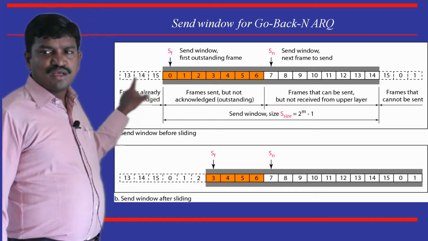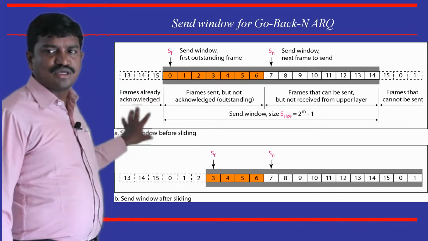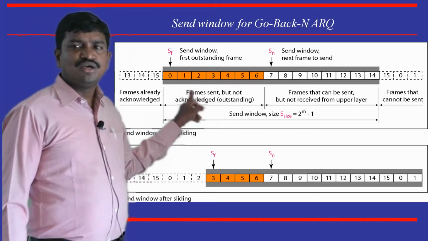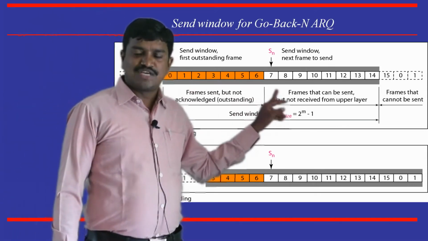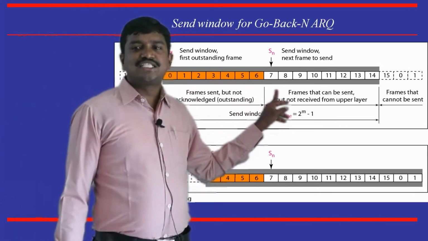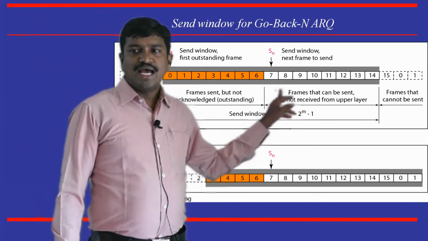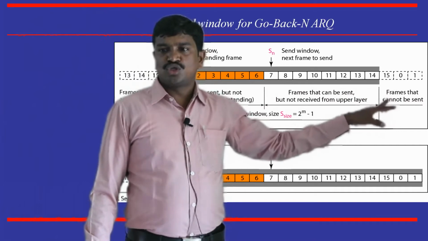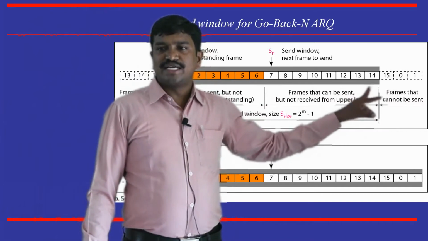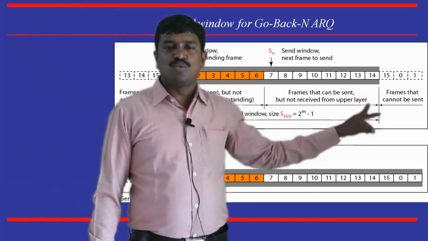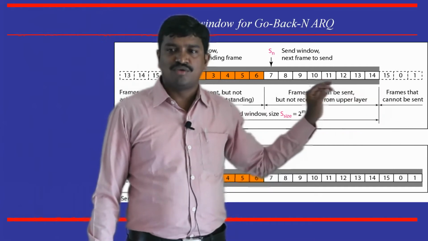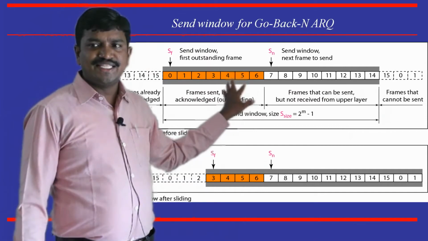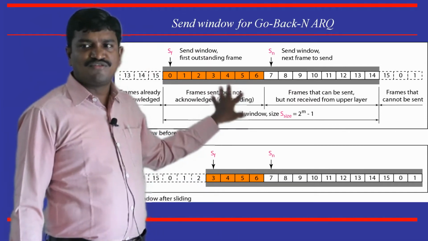This way, this band indicates frames which are already acknowledged, frames yet to be acknowledged, and sequence numbers that can be used for next frame transmissions. On the other side, those you cannot use now; those are frames that cannot be sent, because we already have a total of 15 in this band.